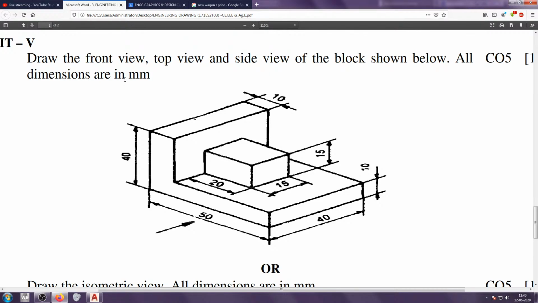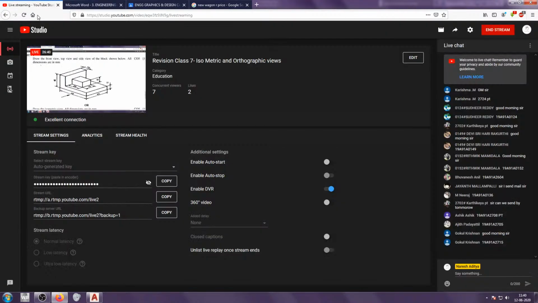He just mentioned the side view. So which view do you need to actually take? Left side view or right side view? Good morning, ma'am. Anyone?